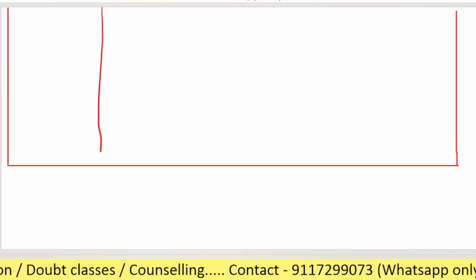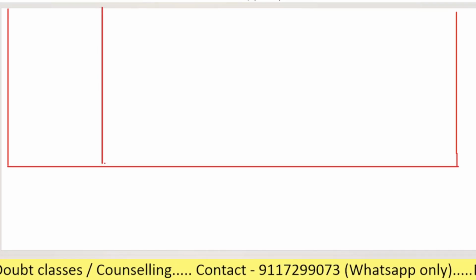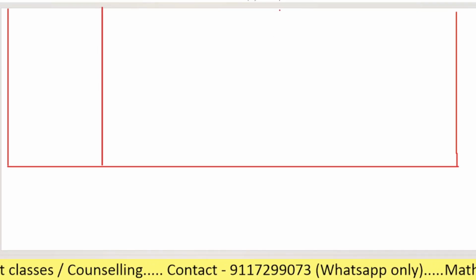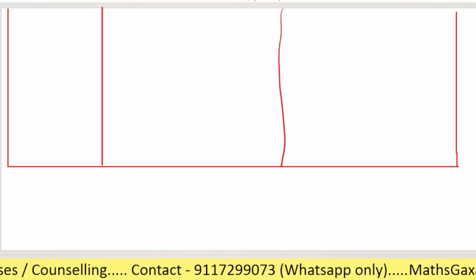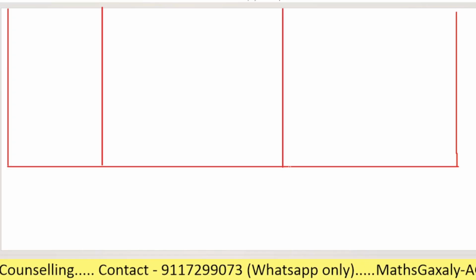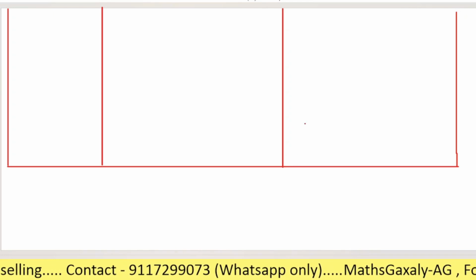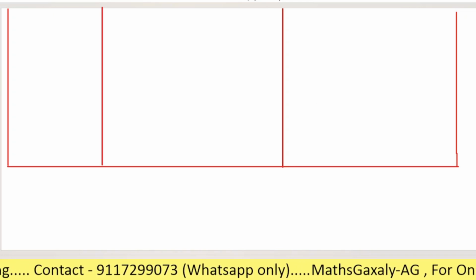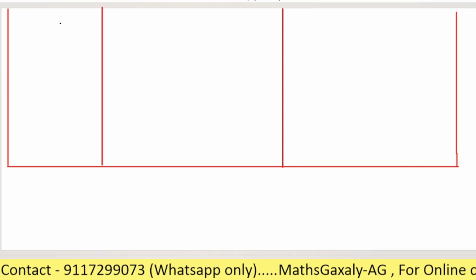The first column is for trigonometric function, and then the rest two columns are for domain and range. So see here, now for sec inverse.